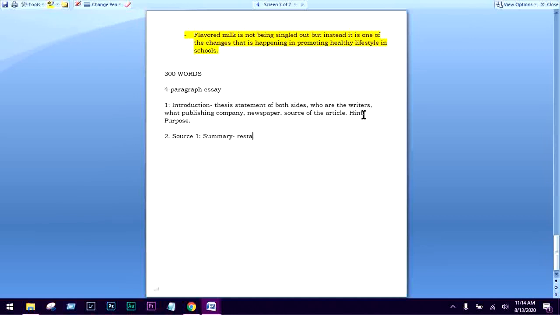So restate, but don't focus on this. And also discuss evidences. Use carbs, okay? And of course, for the third paragraph, you just have to do the same thing, but for source two. You do the same thing.